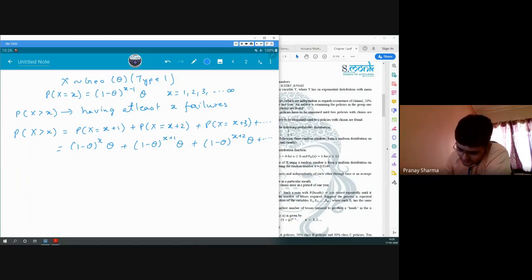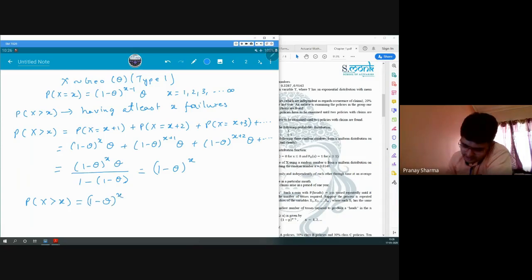So we know infinite GP is nothing but a upon 1 minus r. We saw that yesterday. So this is nothing but (1 minus theta) raised to x into theta by 1 minus of (1 minus theta). 1 minus of (1 minus theta) is nothing but theta. So I am getting (1 minus theta) raised to x. Probability X greater than x is (1 minus theta) raised to x.